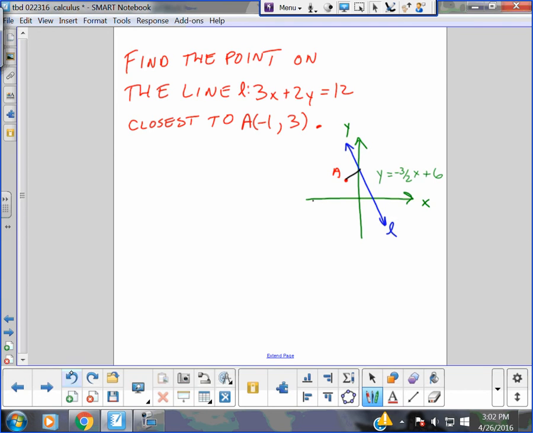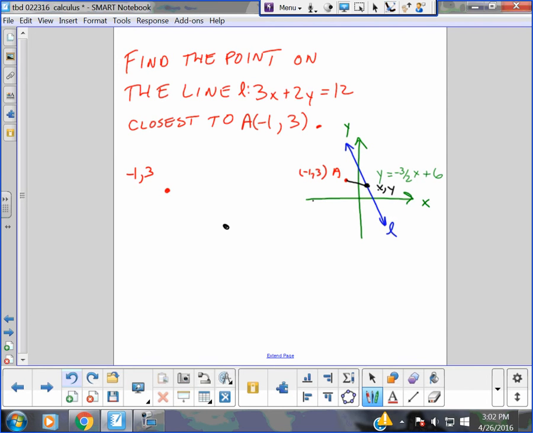But to do this, I'm not going to draw it as a perpendicular line. I'm actually going to draw it at an angle and say it just goes to some point (x, y) on the line. It goes from point A (-1, 3) to some (x, y) on the line. And I can make the distance equation for this. Everybody, when I make the distance equation, especially in calculus, I do not want to do the square root, so I do it as Pythagorean theorem.